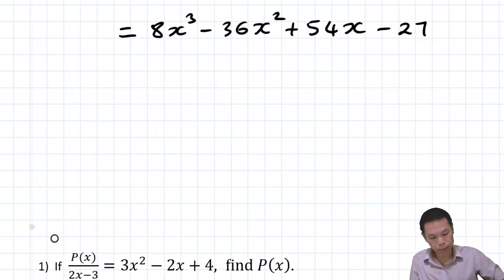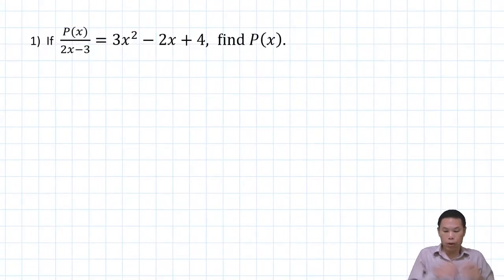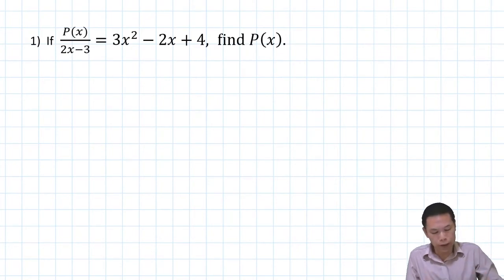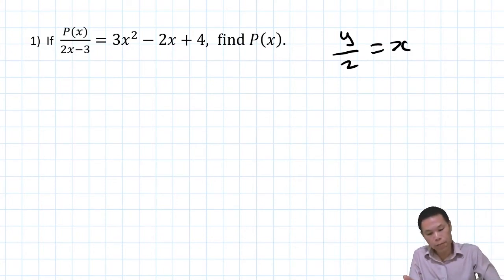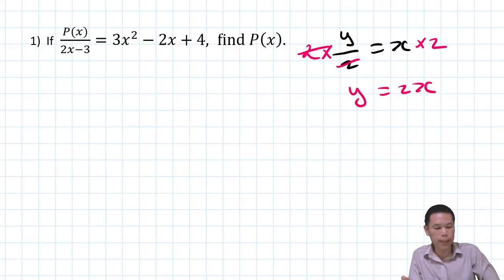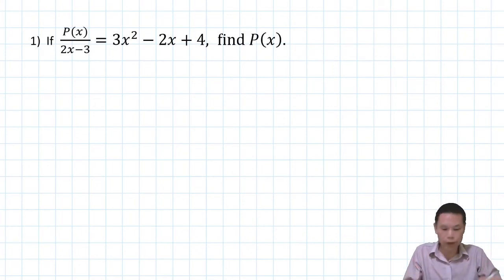Next one here. Now, to find px, so remember, if we have y over 2 equal x, to find y, remember, we just times this by 2, we times this by 2, that cancel out, y is 2x. So let me write out the question first.